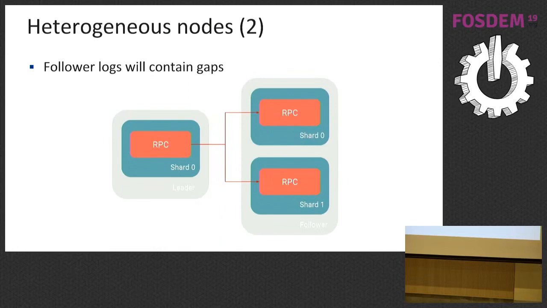In this case, the logs in the follower shards are going to have gaps in them because some of the entries went to another shard on that machine. And here is the same thing. When we're trying to append an entry, the log matching property will require that we look at what's in the log, and we're going to find gaps there. The algorithm is going to assume that it's missing data, so it won't work very well.